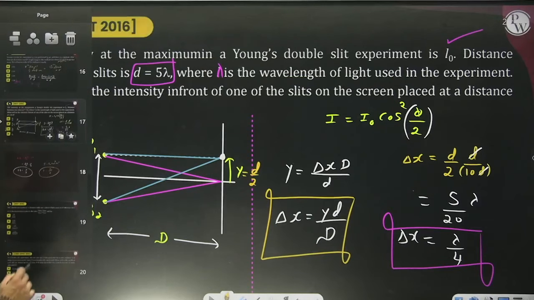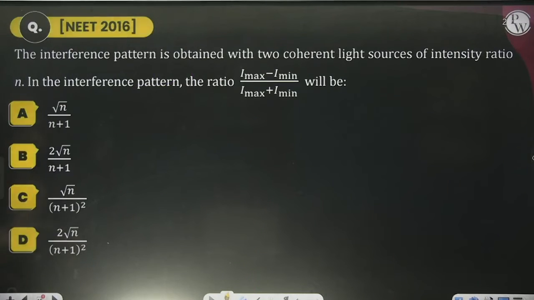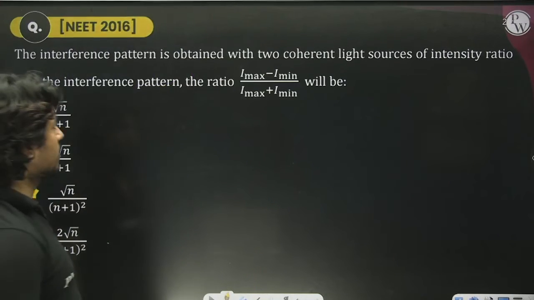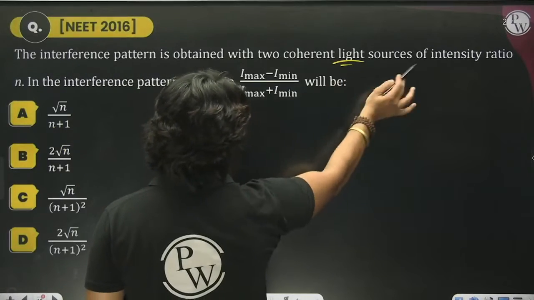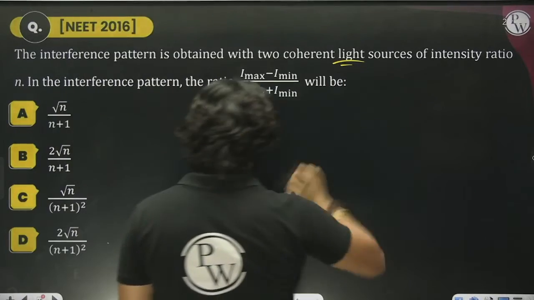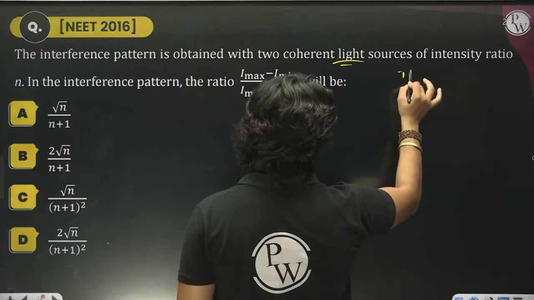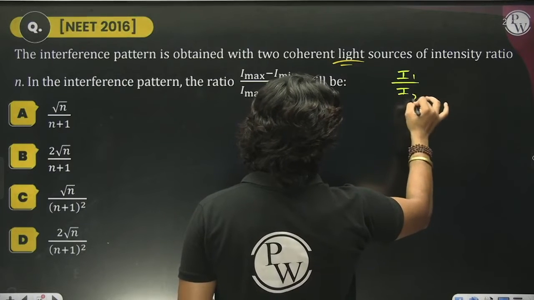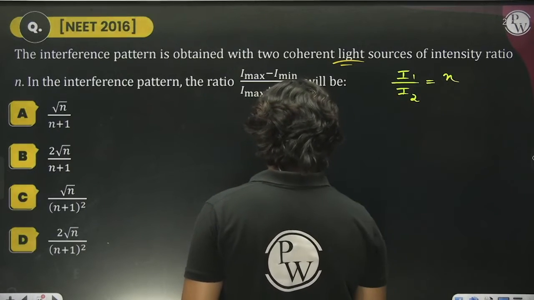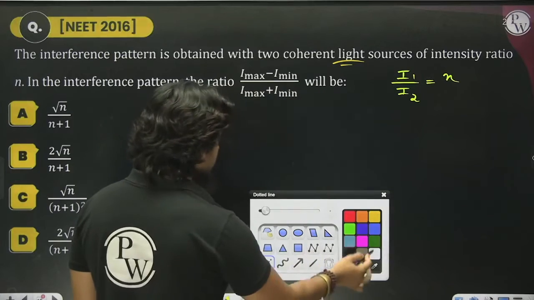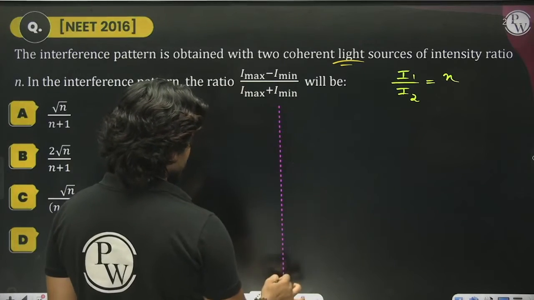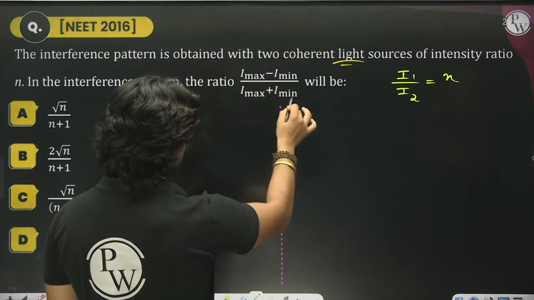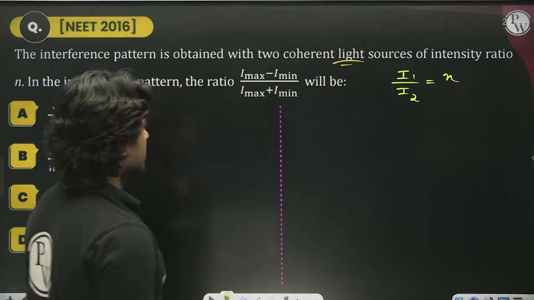Let's come to the next question. Read the question. Interference pattern is obtained with two coherent sources of light, and the ratio I1 to I2 has been given to you as n.